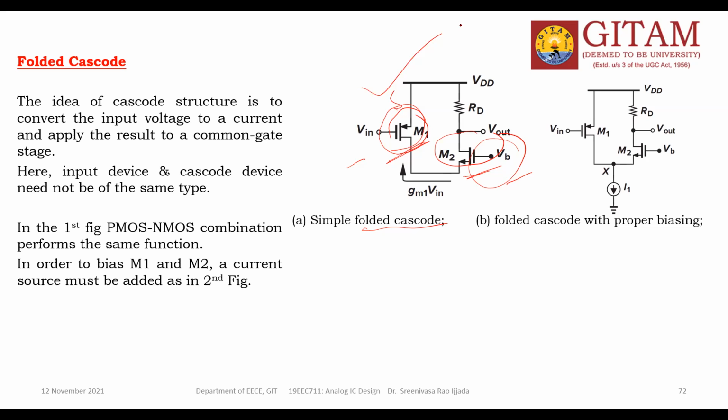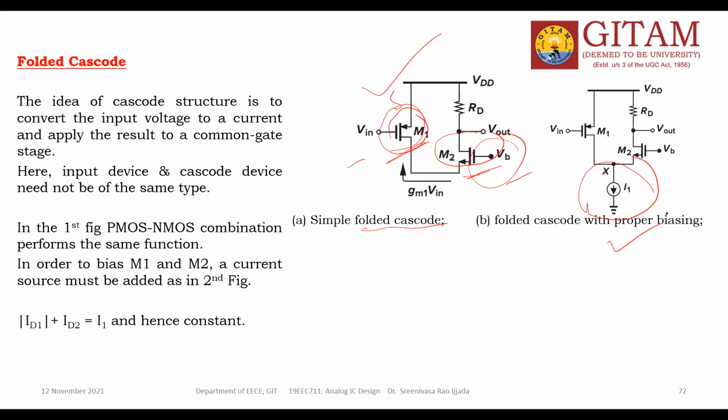In order to bias M1 and M2, a current source must be added in the second stage. How can you bias these two transistors? With a fixed current source. For this, in the second picture, biasing is applied. In the first picture, no biasing. In the second picture, biasing is applied through a current source.